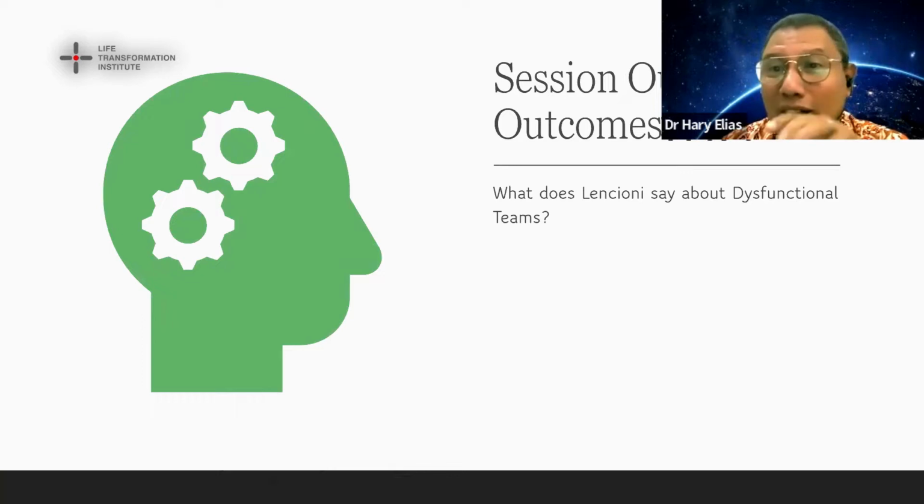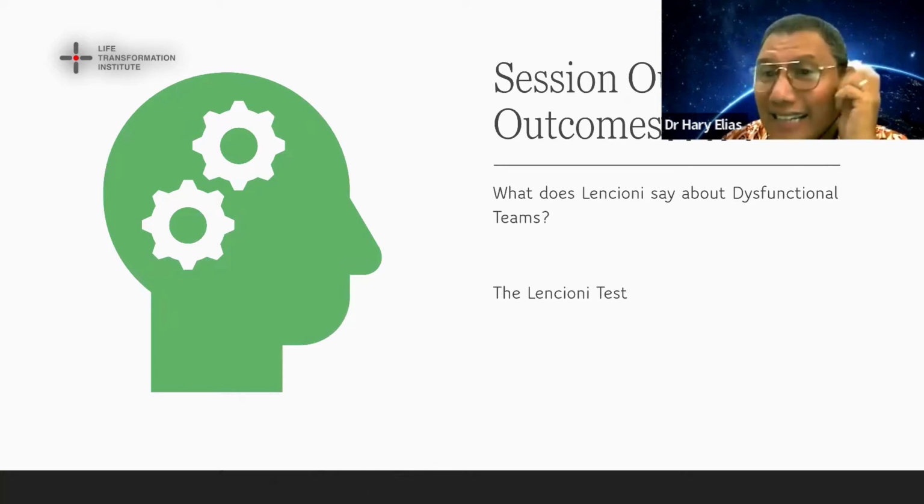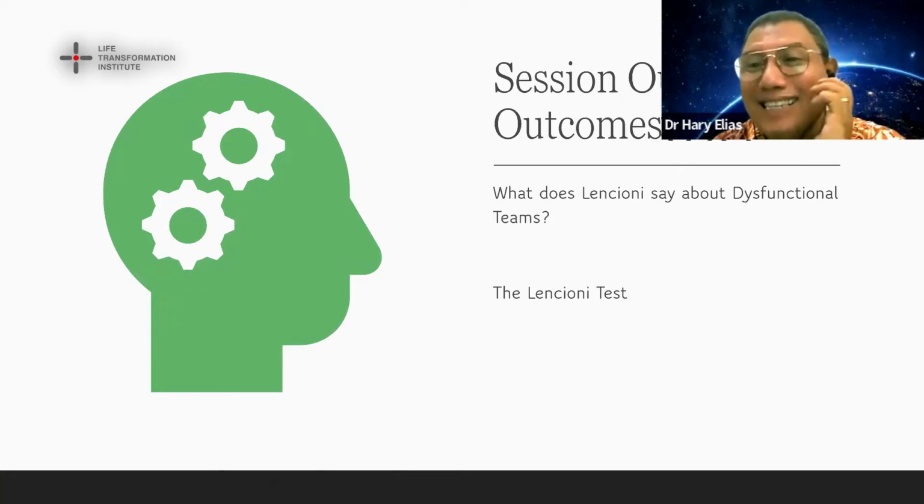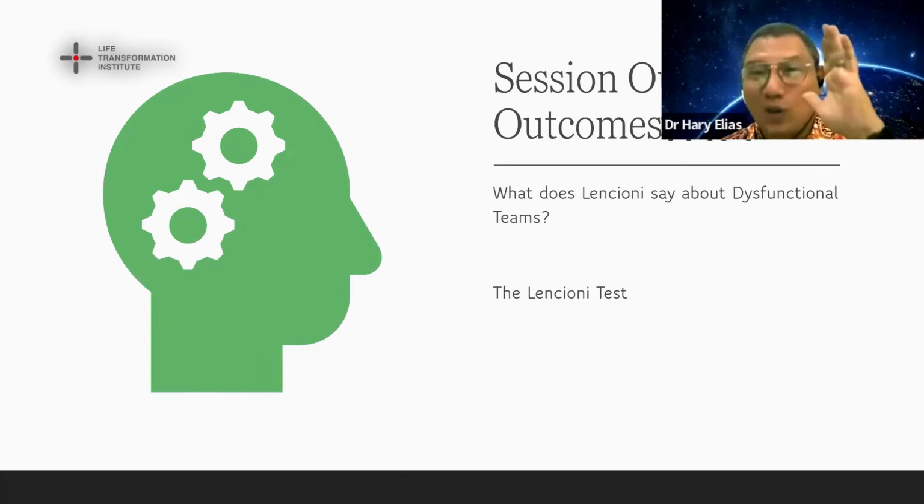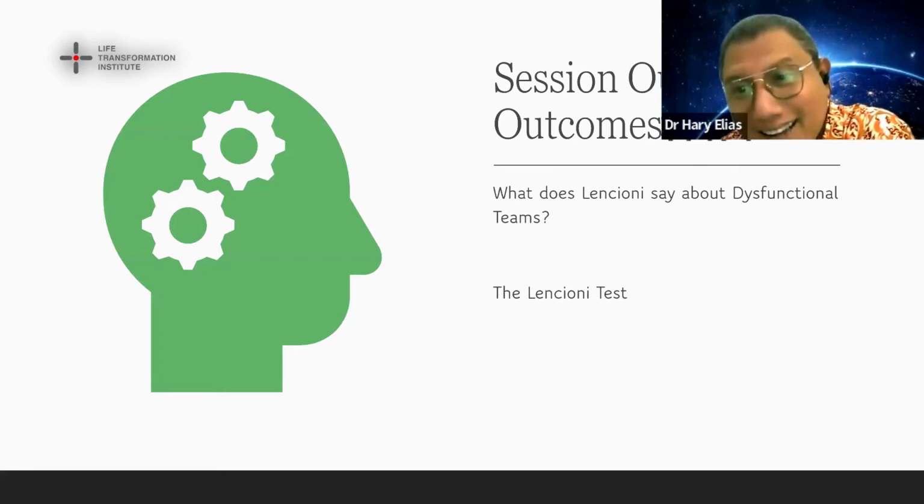Teams that don't work, teams that fail, tidak ada goalnya. And he came up with a test yang menarik. Test ini gampang, mudah sekali. And to make it easier for all of you when you are doing this test, sudah diterjemahkan ke bahasa Indonesia.